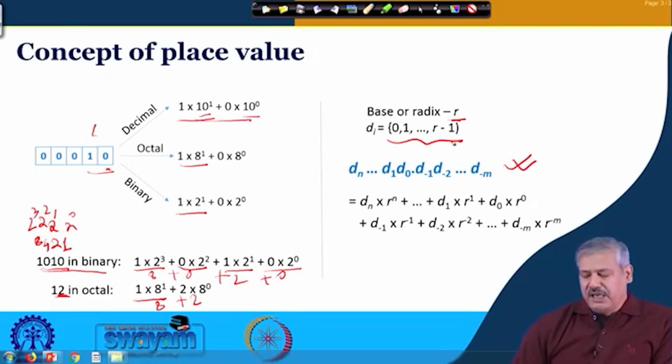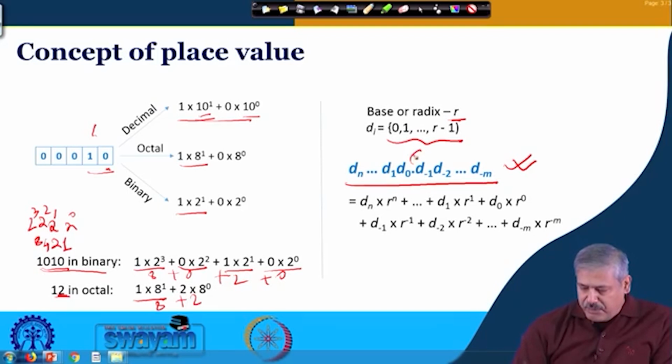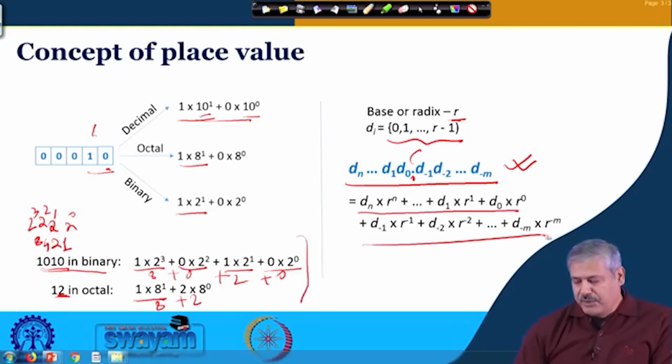Then the number is represented in this manner, where this is the point which divides the integer and fraction part: decimal point in decimal system, octal point in octal system, binary point in binary system. So, that is the point over here. Then its corresponding value, from the example that we had seen here, is arrived at in this way.